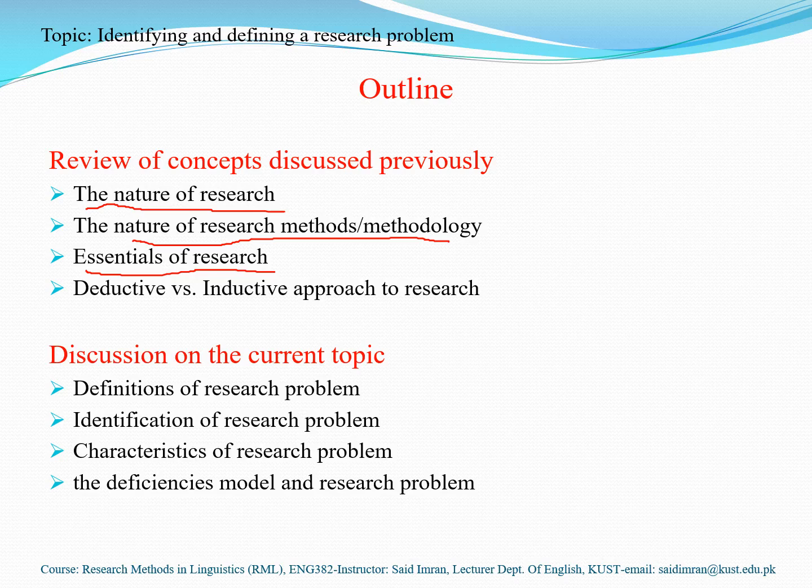It should be rigorous, systematic. It should be valid and verifiable. And then we have the quality of empirical. It should be empirical, based on hard evidence. It should be critical as well. And then we have to address the issues of validity and reliability we have discussed in detail.